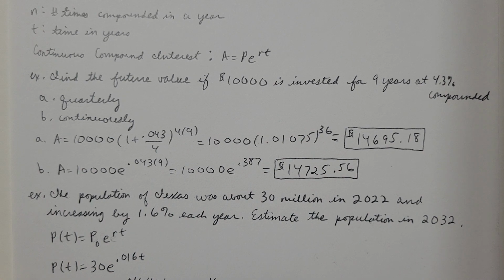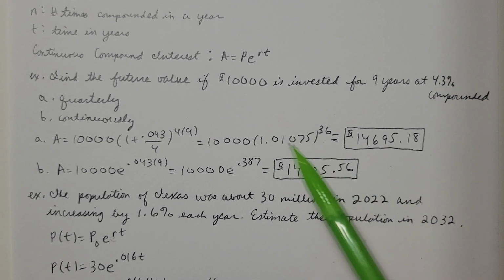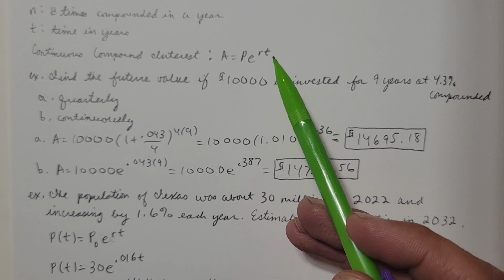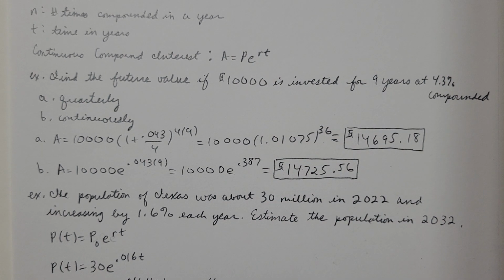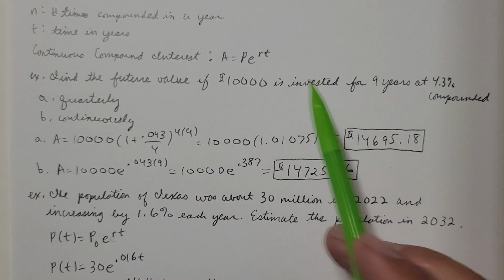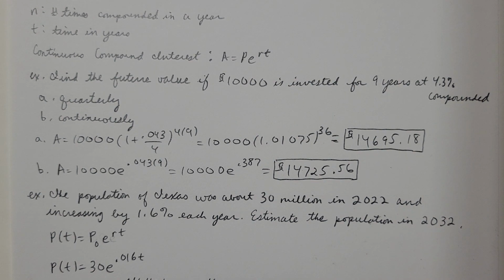So it makes sense to use the continuous compound interest formula in a problem like that. We're going to do some more problems towards the end of this chapter dealing with this continuous formula, or the PERT equation. So there's going to be more on that later.